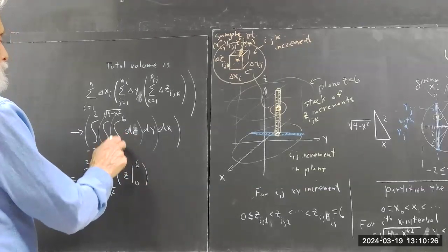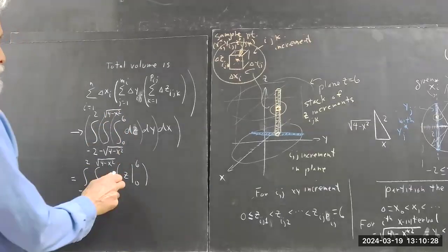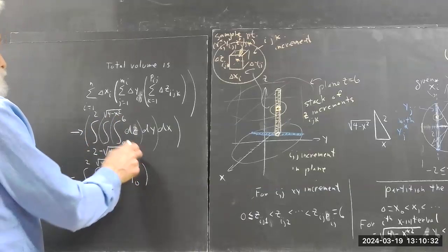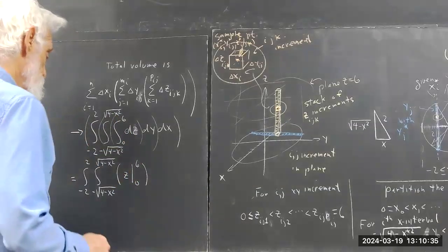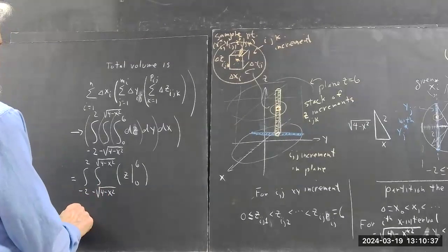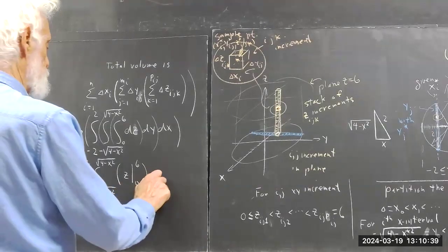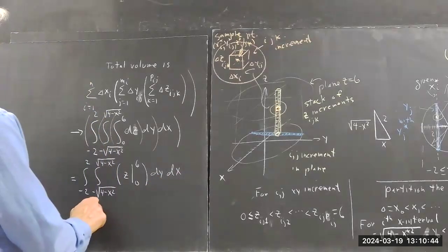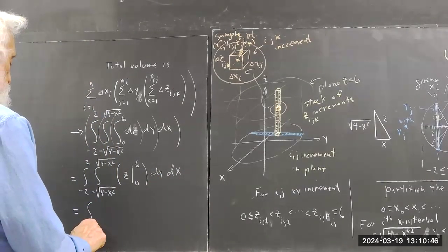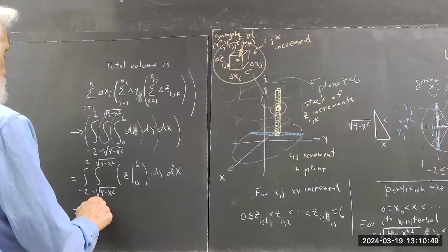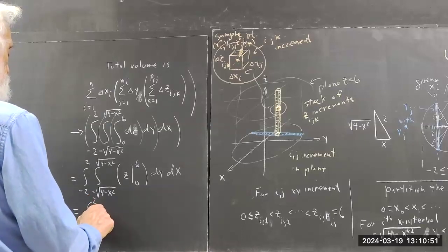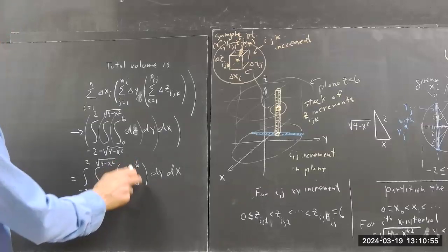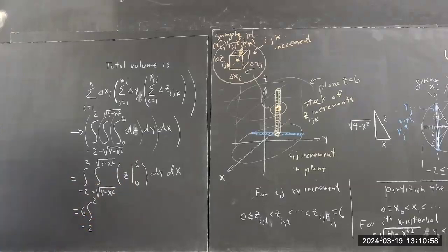Our inner integral is 0 to 6 with respect to Z. Well, that's just the antiderivative of dz, which is just Z with limits 0 and 6. And then it's with respect to Y and with respect to X. That's just going to give you a constant 6, which we can bring out in front.